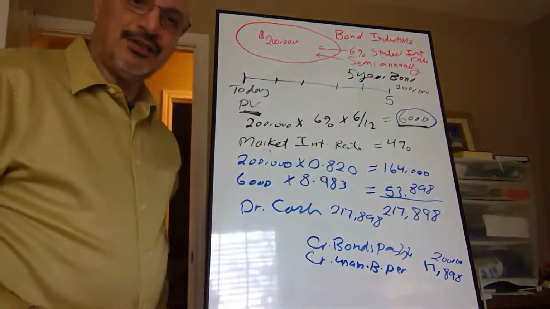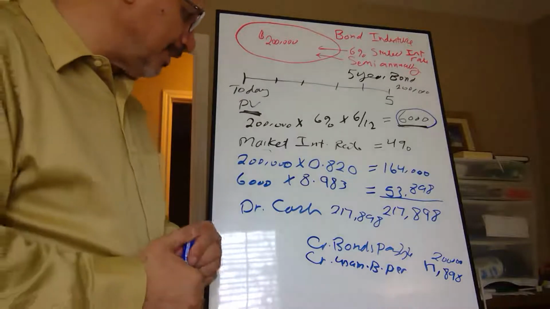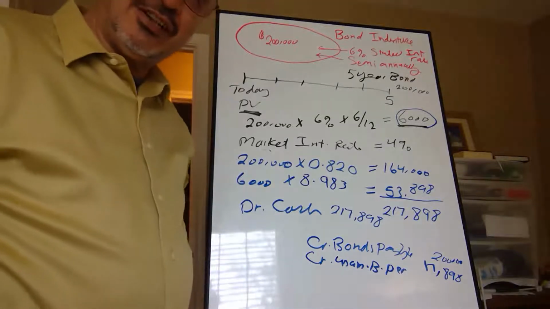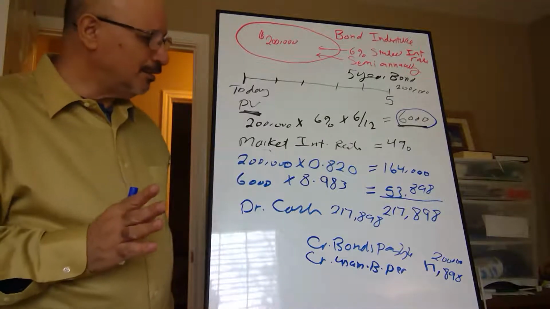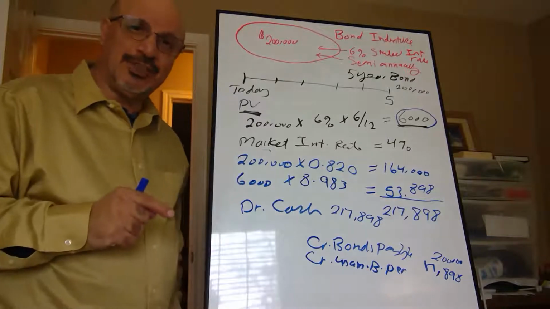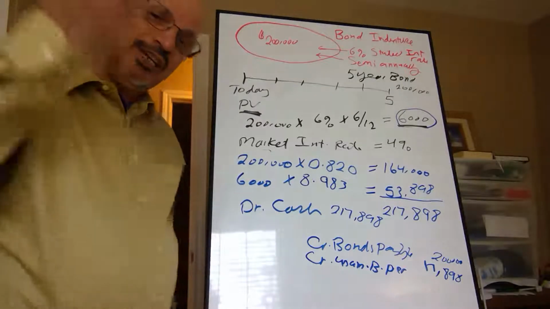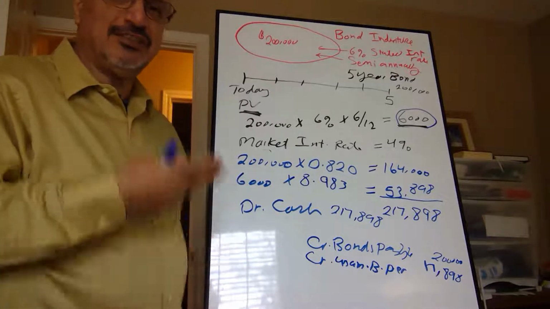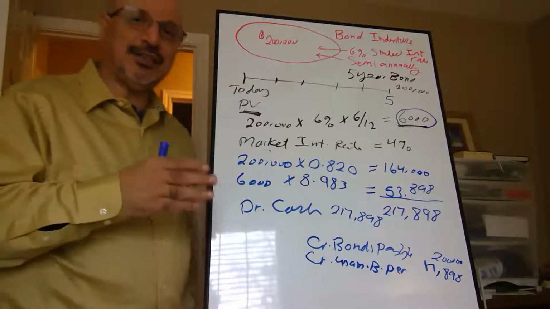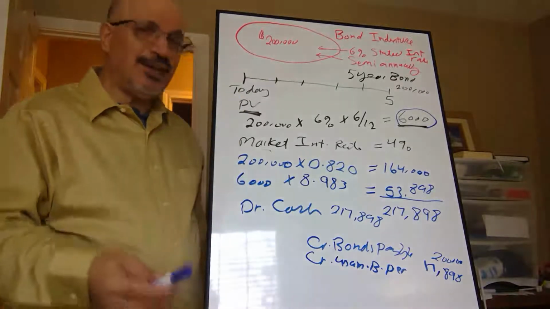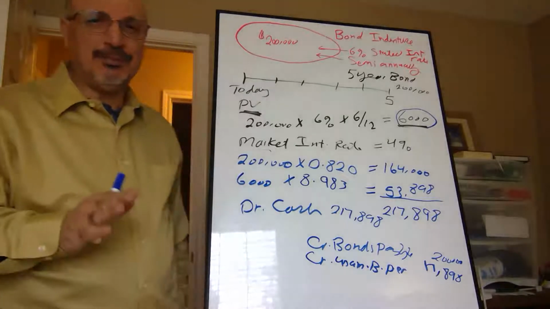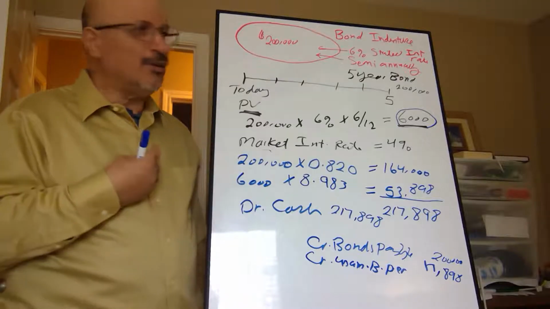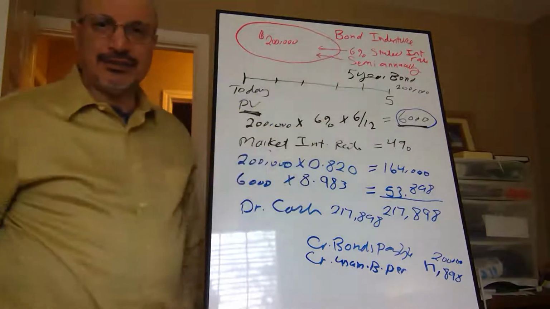In this case, we are raising 17,898 extra on top of the face value, and the main reason is we had to raise the price because our contractual or face interest rate is higher than the market interest rate. In the first example, we cut down the price of the bond because the market interest rate was higher than our contractual interest rate.